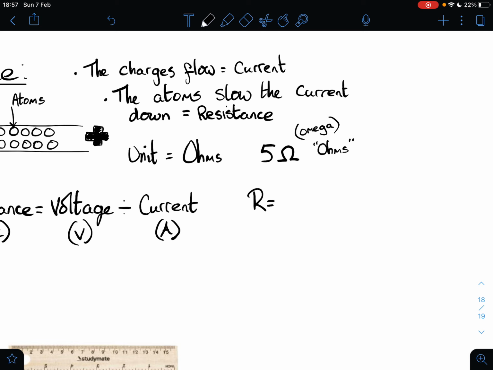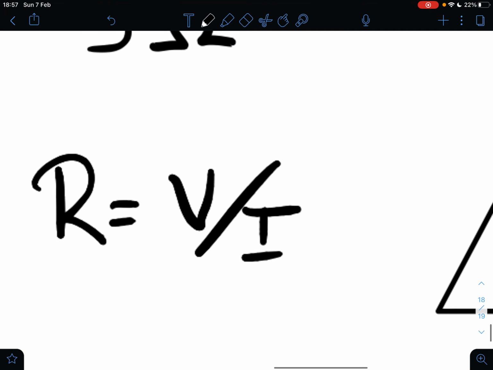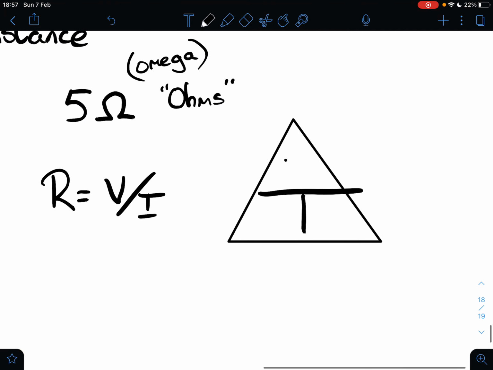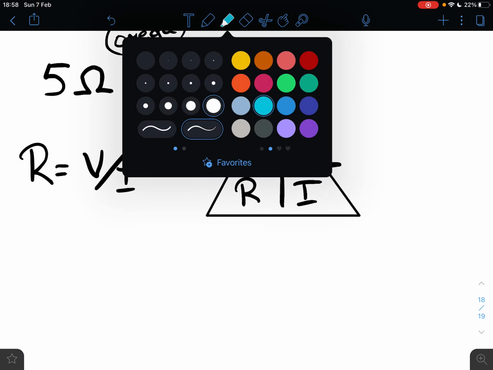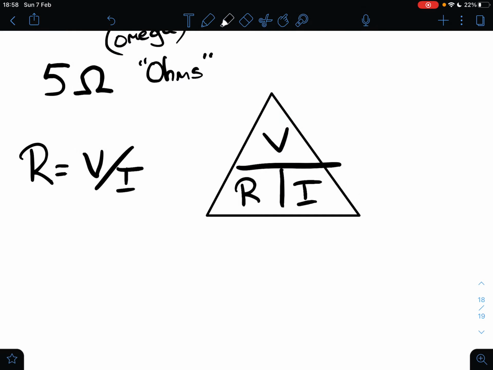Now we can write it out as R is equal to V over I. Or, if we wish, we can put it in a triangle. The V is over the I, so V is going to go at the top. That means R and I go here. And the other way of writing it down, if I wanted to use the triangle to rearrange it, is V equals.